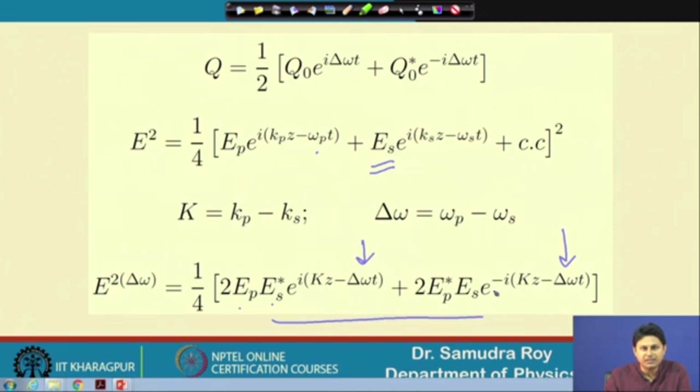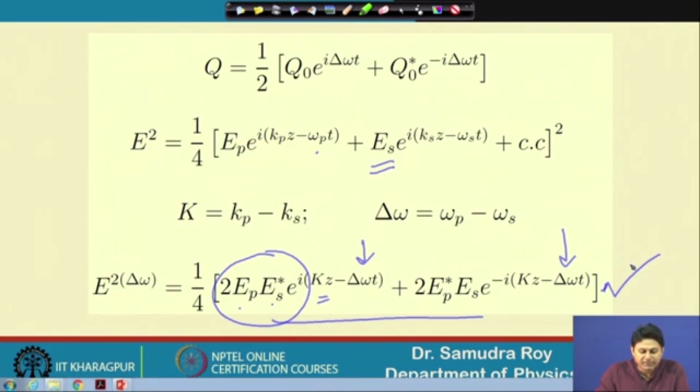So E p E s star is the amplitude, 2 E p E s star is the amplitude, that is important. Also note that the phase term should contain K p minus K s. I reduce this K p minus K s term to K. So K z minus delta omega t, this term corresponds to frequency delta omega.